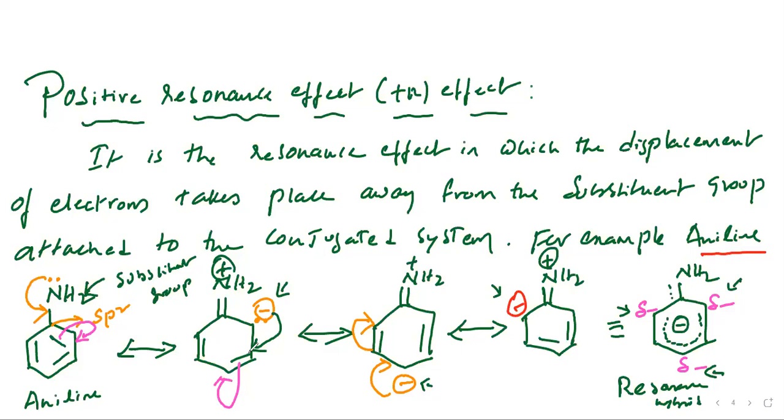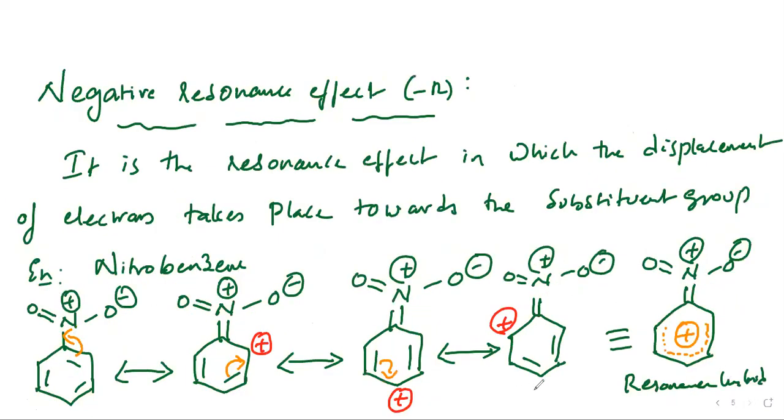In positive resonance effect, which charge is delocalizing? Negative charge is delocalizing. And in a negative resonance effect, the movement of electrons takes place from the benzene ring to the substituent group. So when the movement of electrons is taking place from the benzene ring to the substituent group, which charge is going to get delocalized? Here the positive charge is delocalizing. Understood, students? Is it clear?